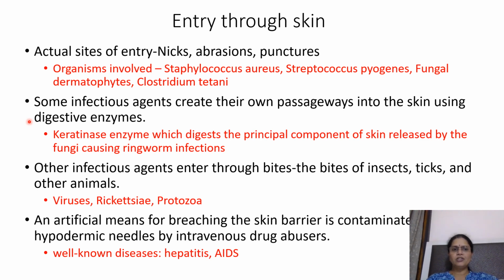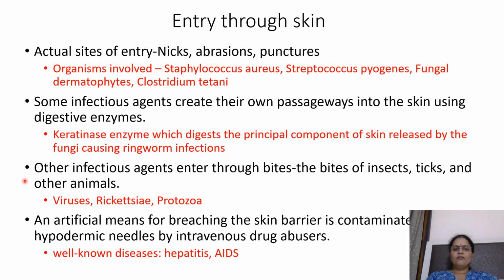They secrete certain digestive enzymes. For example, here I have mentioned keratinase enzyme. This enzyme digests the main component in the skin. We know this main component in the skin is keratin protein. So they release keratinase enzyme. They will hydrolyze the keratin protein, and thereby they can easily enter into the deeper layers of the skin.